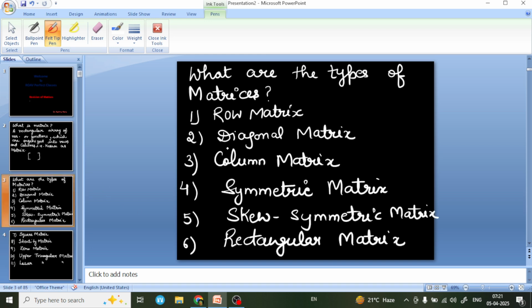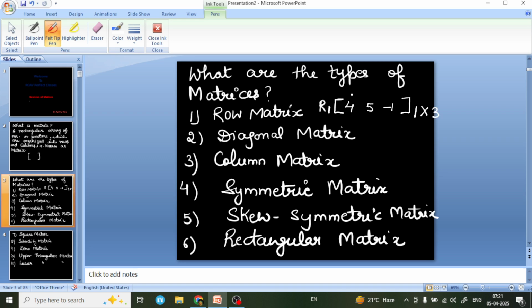Now, first is row matrix. When we write it this way, in which there are multiple columns and the row is 1, that is a row matrix, like this: 4, 5, minus 1. Here we can see one row, 3 columns.